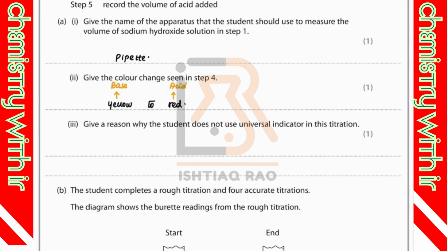So when the indicator changes its color immediately, we would have some difficulty in measuring the end point of the titration, because suddenly it would be changing its color. So we cannot determine at what exact volume it has changed its color. So that's the reason, okay, universal indicator changes its color sharply.